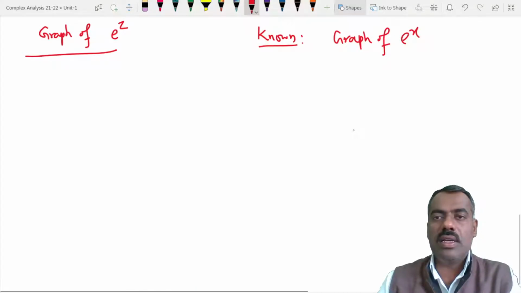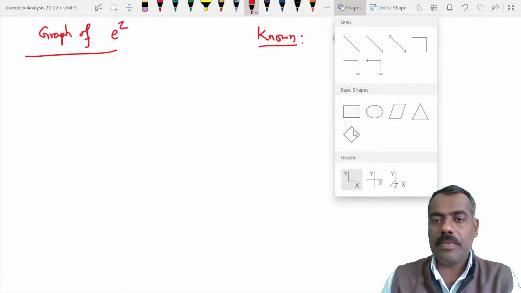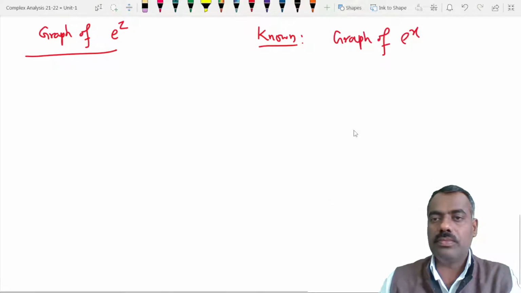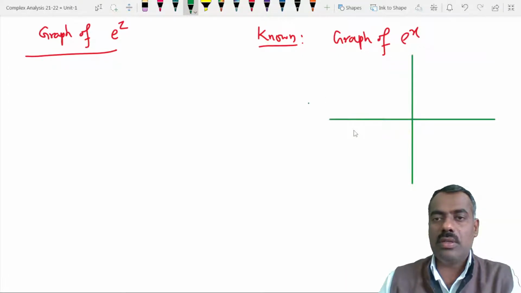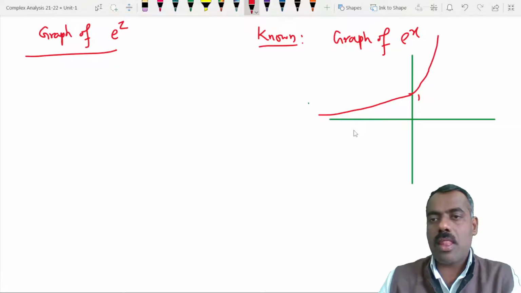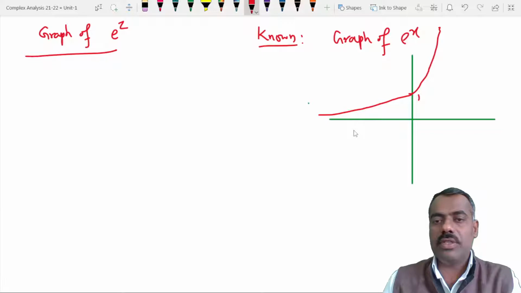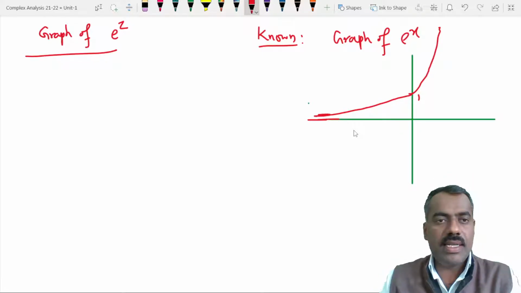If I quickly write this, suppose this is 1, then it is like this, right. Of course it will go very near to the x axis, right.